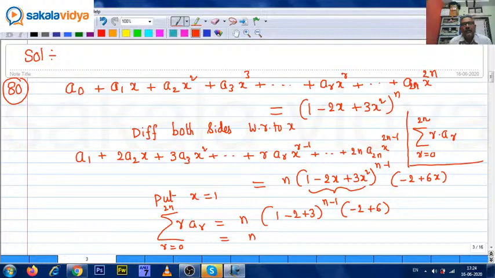This equals n times 2 to the power of n minus 1, this is 4. 4 means 2 square. This is n times 2 to the power of n plus 1.